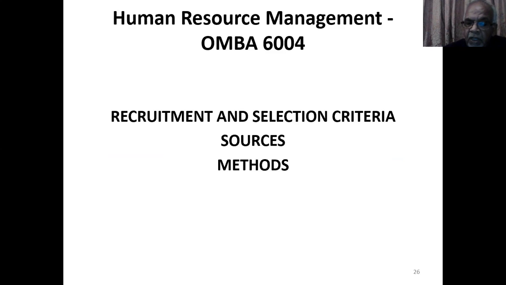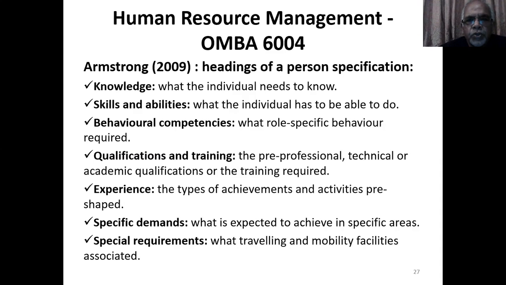So we have to determine from which sources we are going to attract our candidates. Then we have to define the methods. What are the methods? Generally, for recruitment and selection, we have recourse to tests and interviews.